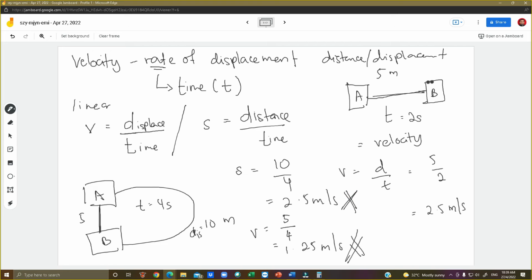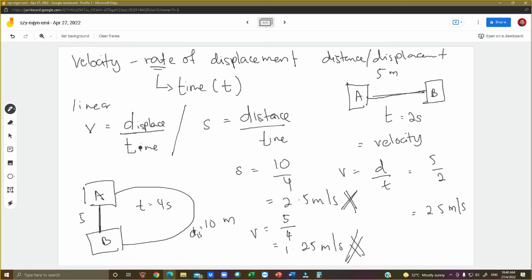If the pathway is straight, distance and displacement are similar, resulting in similar velocity and speed. But if the case is something like this, where the distance and displacement are not similar at all, you're going to get different figures for velocity and speed. Ini adalah velocity, displacement over time.